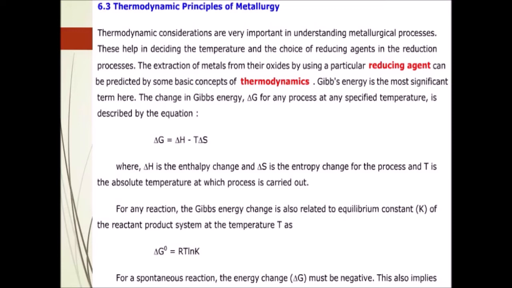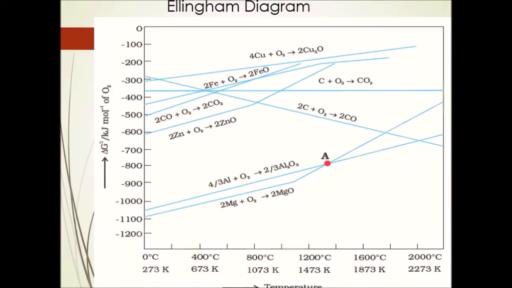This is how a non-spontaneous reaction can be made spontaneous. Now, in order to choose a suitable reducing agent to reduce our metal oxide to metal, it is understood better by using the Ellingham diagram.